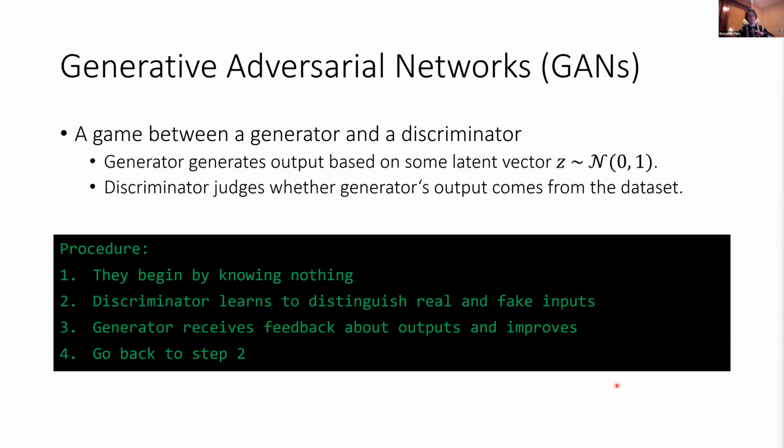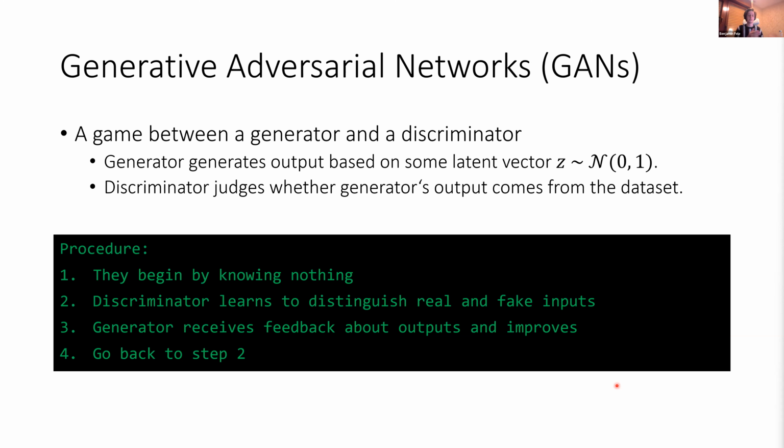Or in other words, they both begin by knowing nothing. The discriminator learns to distinguish real and fake outputs, and in the beginning that's really easy because the generator is just, for example, generating some random images, while on the other hand we have a training set of faces or cats or whatever we want to generate.